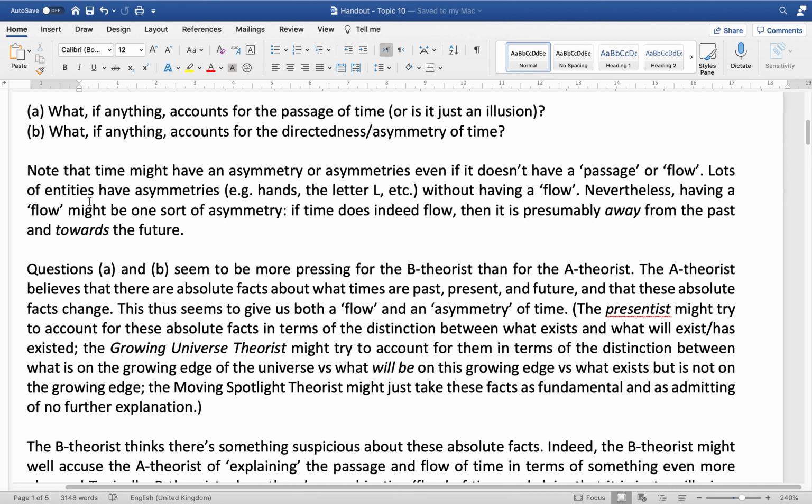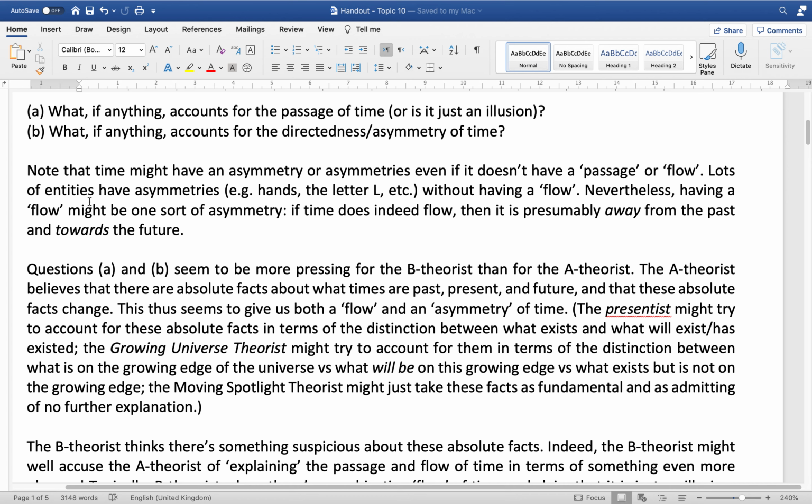The moving spotlight theorist, remember, the moving spotlight theory is the combination of eternalism with the A theory. So according to them, past, present, and future all exist, but a certain moment in time has this property of presentness, and which moment has the property of presentness changes.